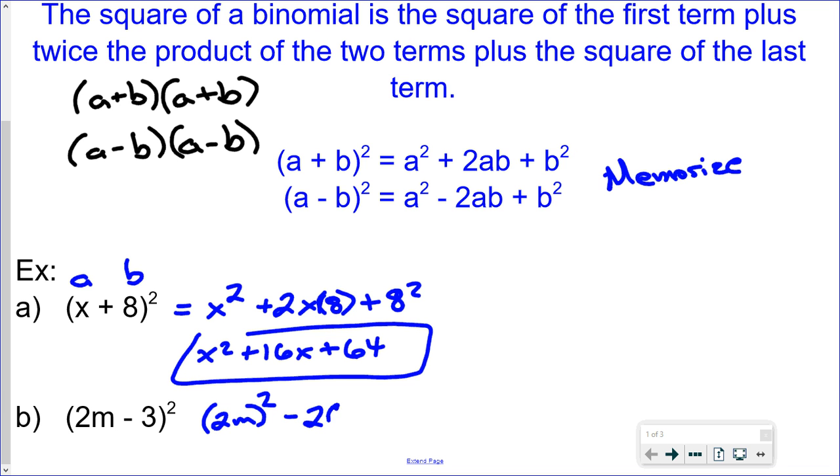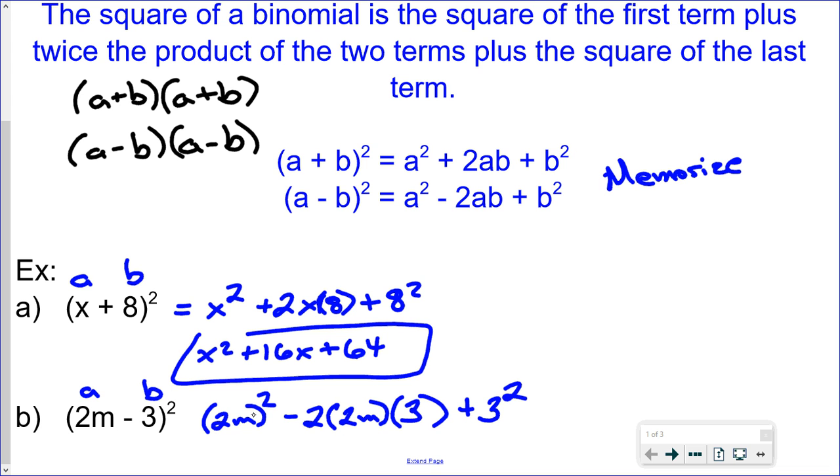Minus 2 times the a value. Again, this is the a, this is the b. So 2 times 2m times 3. You just write 3 there because the minus sign was already taken care of. And then plus b squared, so that's 3 squared.